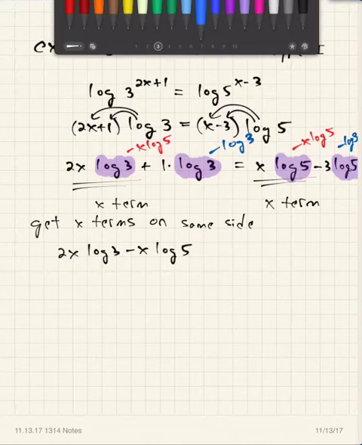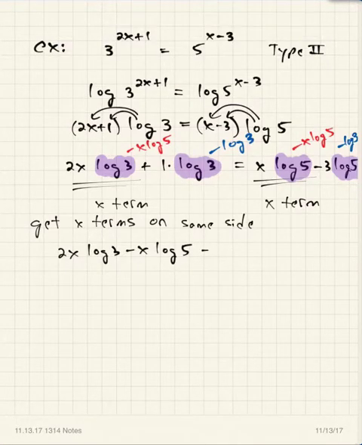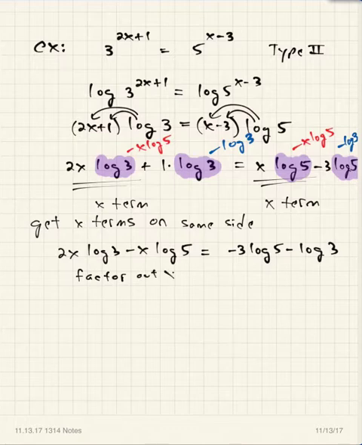All right, so if I subtract log of 3 on both sides, on the right side of the equation I'll have negative 3 log of 5 minus log of 3, like that. All right, this is rather messy here. And then on the left side, since I've got both of the x's on the left side here, I factor out x. Because I'm solving for x, I pull it out as a GCF.